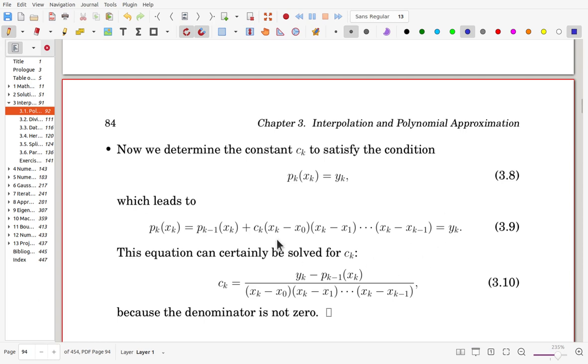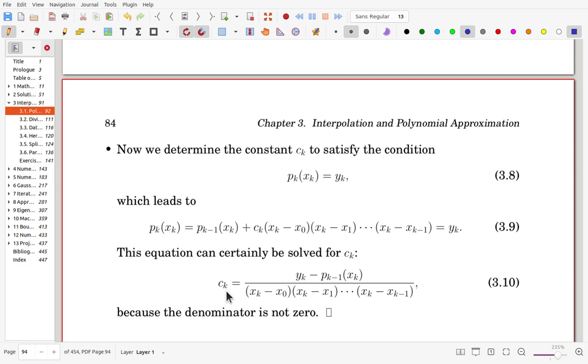Now we start with distinct points, so that this product cannot be 0, so that after moving this one to the other side, we divide the terms by that one, so we can reach the ck.